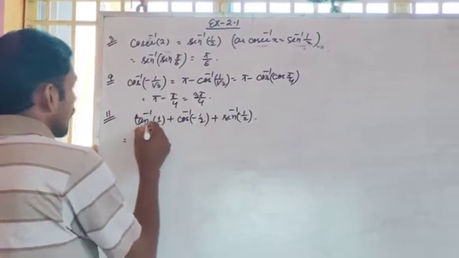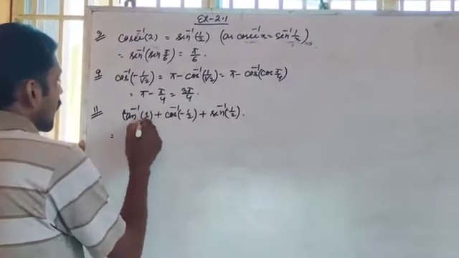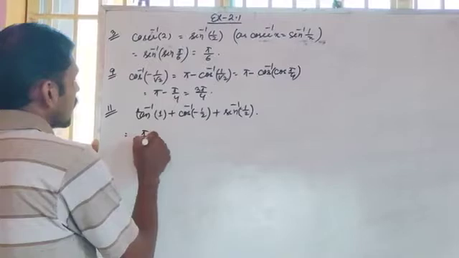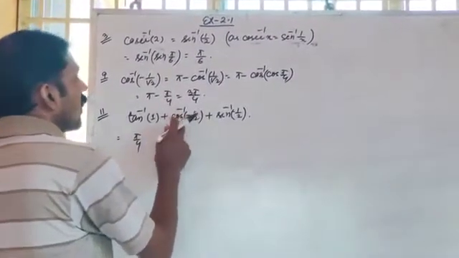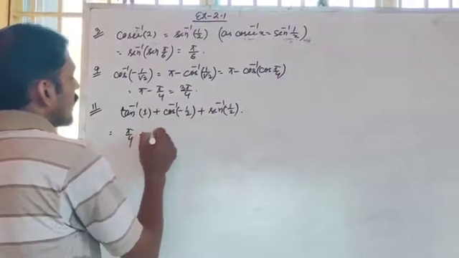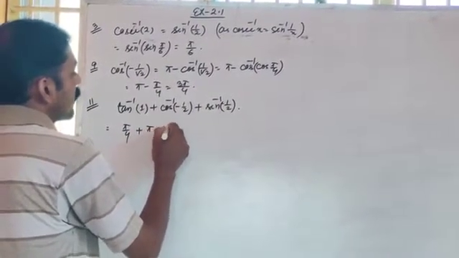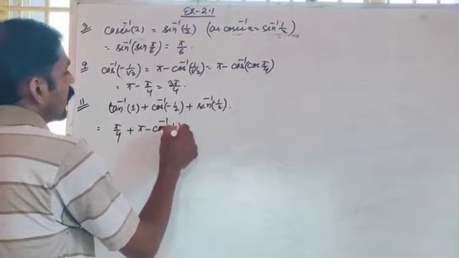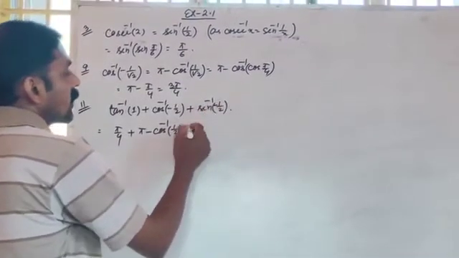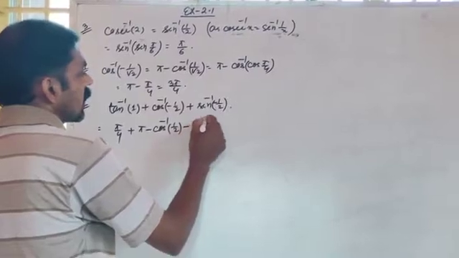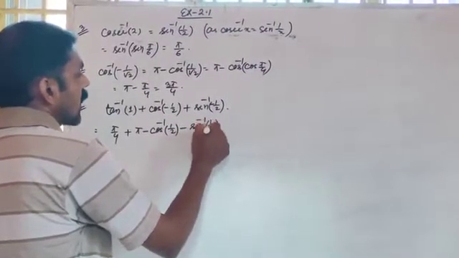Now here it is tan inverse 1. Tan inverse 1 is pi by 4. Then cos inverse minus x is again pi minus cos inverse x, and sin inverse minus x is minus sin inverse x.